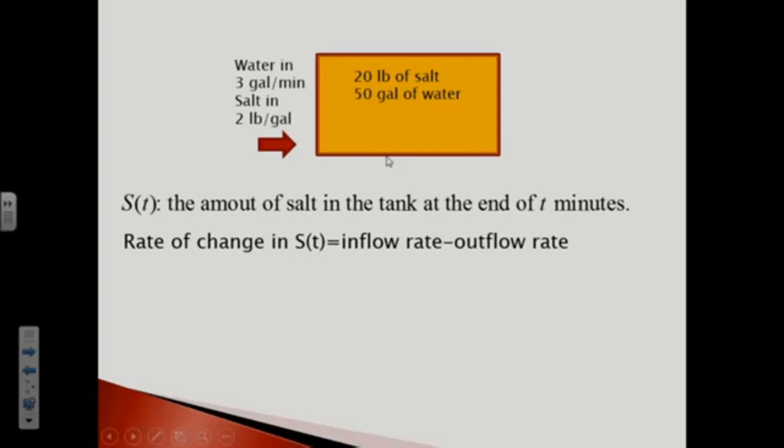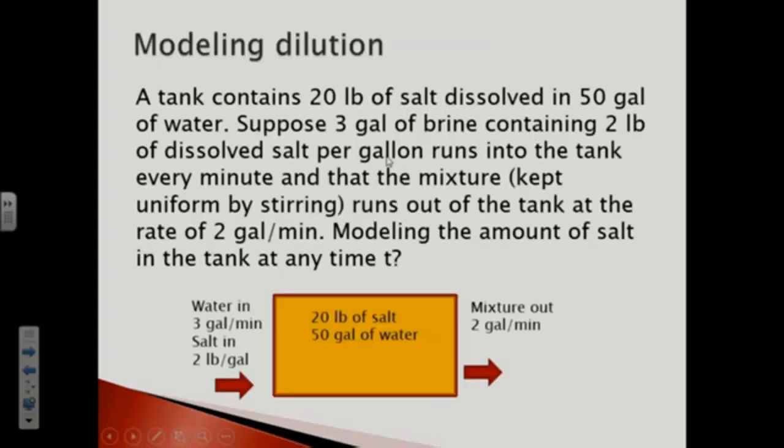Because 3 gallons of brine flows into the tank each minute and each gallon contains 2 pounds of salt, it follows that 2 multiplied by 3 equals 6 pounds of salt flows into the tank every minute. This is the inflow rate. The outflow rate is 0. Combining these observations, we see that the net rate of change dS/dt equals 6.